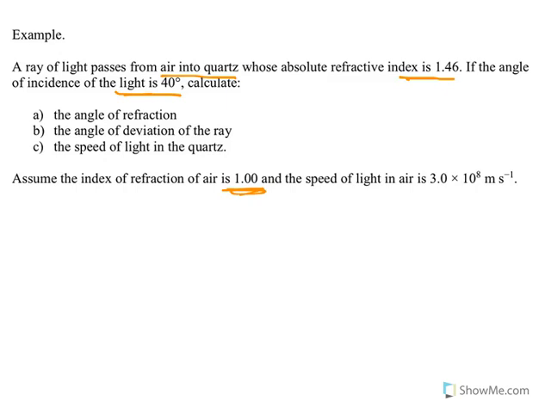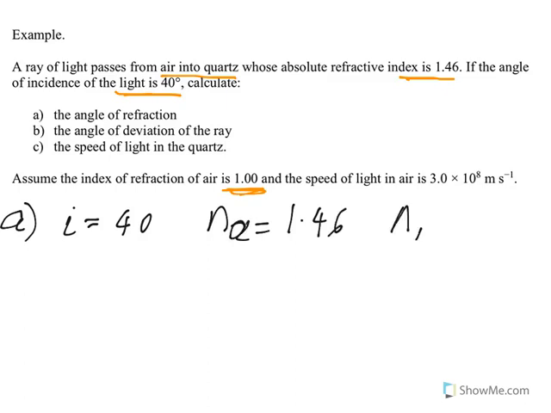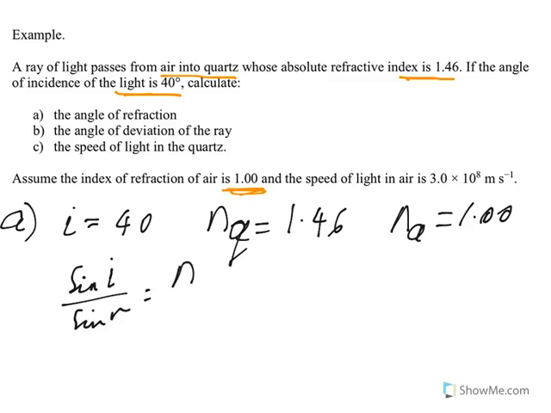Alright, so what do we know? Let's look at part A. We know the angle of incidence is 40. We know that N2 is 1.46, the quartz. N1 is the air, 1.00, and we want R. So sine I on sine R equals N2, which is quartz, over N1, which is air.